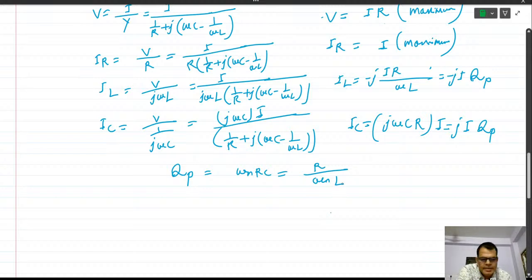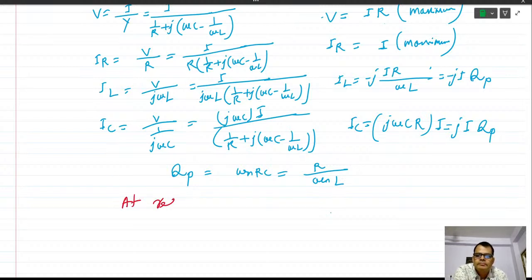Okay, you see here at resonance your IL plus IC equals 0, and the magnitude can be amplified, or it may not be amplified, because if QP is less than 1, then it may not be amplified. It is not always true that it will be amplified.